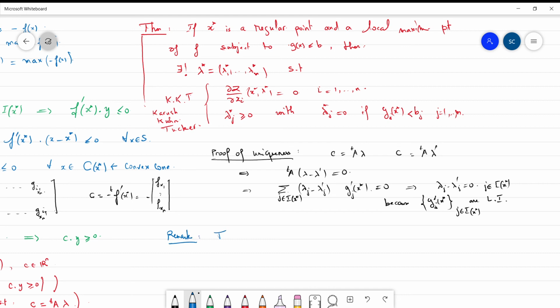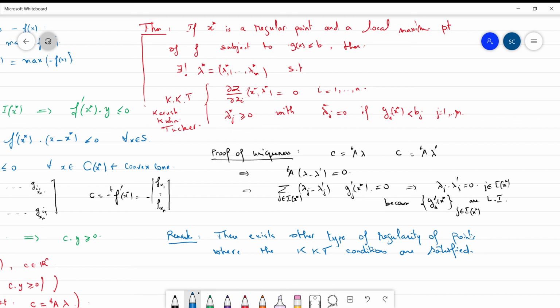There exist other types of regularity of points where the Karush-Kuhn-Tucker conditions are satisfied, but still we don't need to work with them.